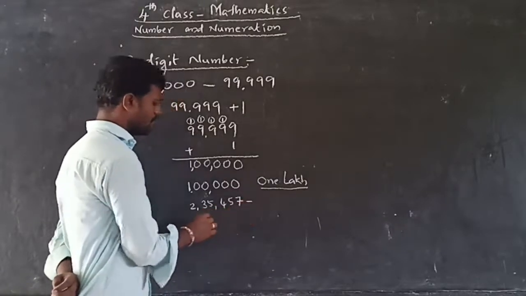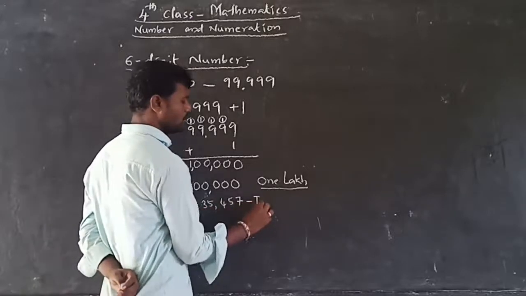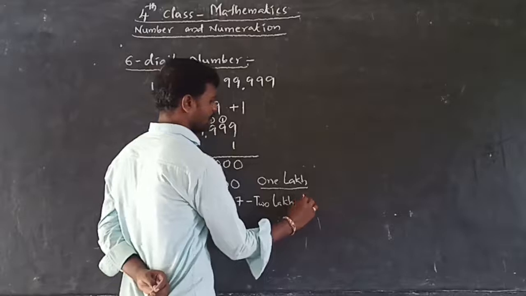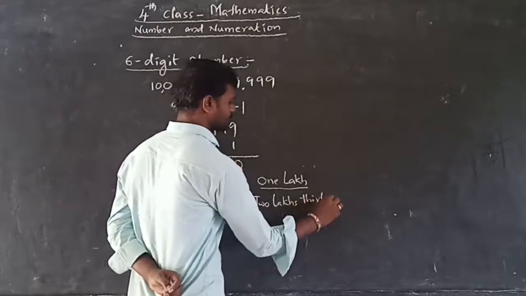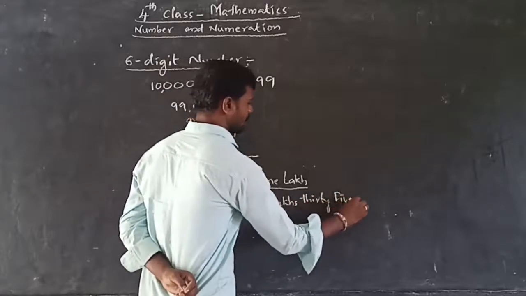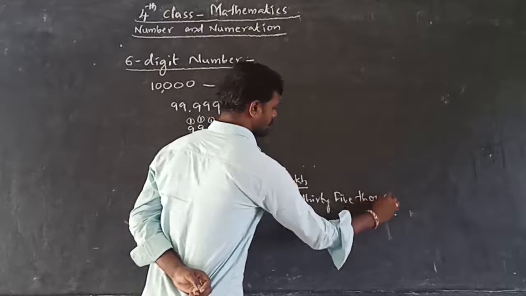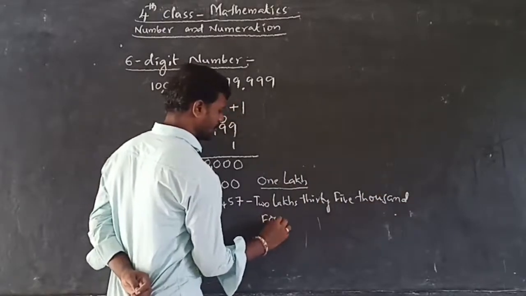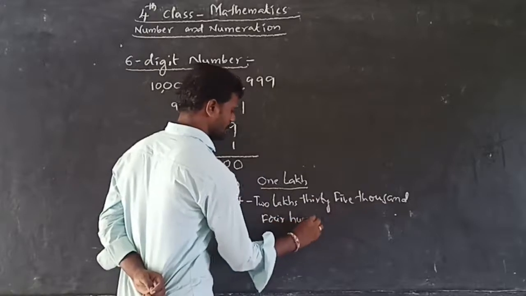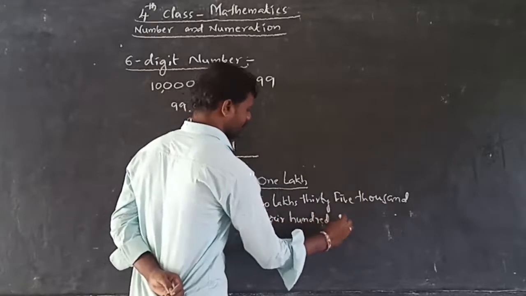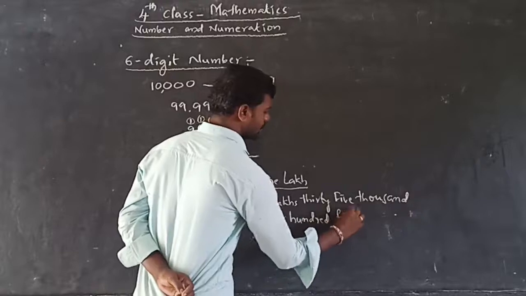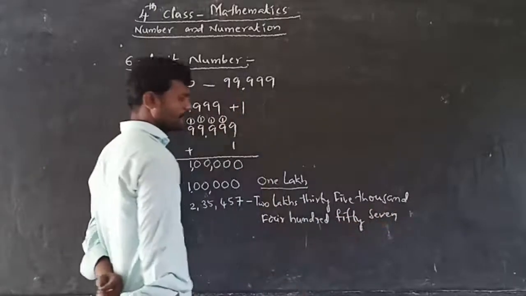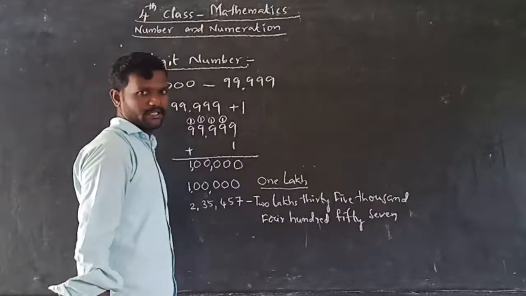So how can we write it? 2 lakhs, 35,000, 457. Okay, it is the number name for this number.